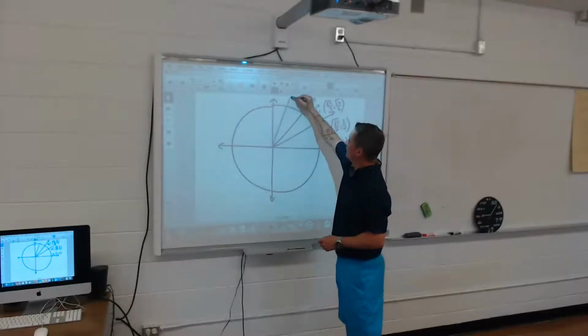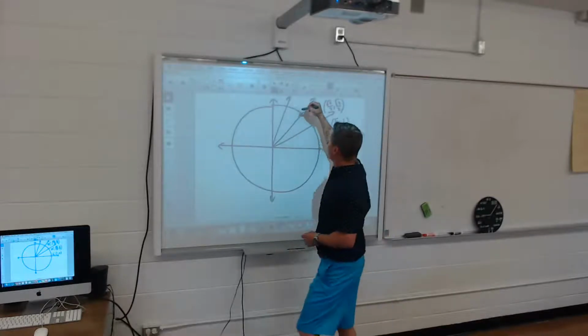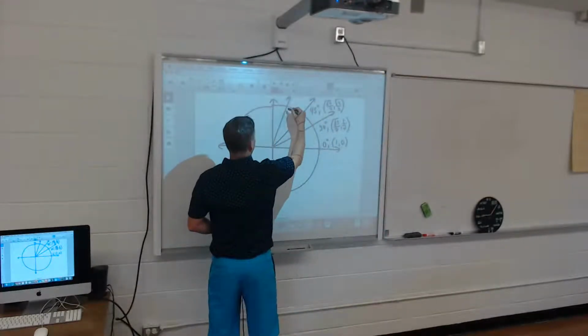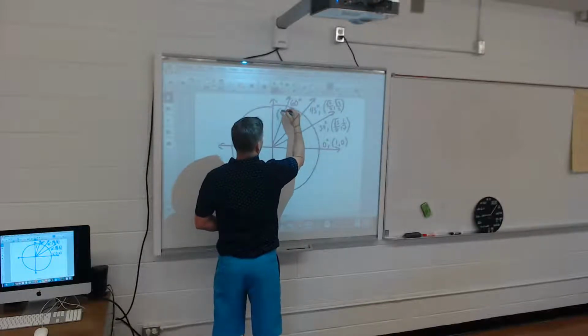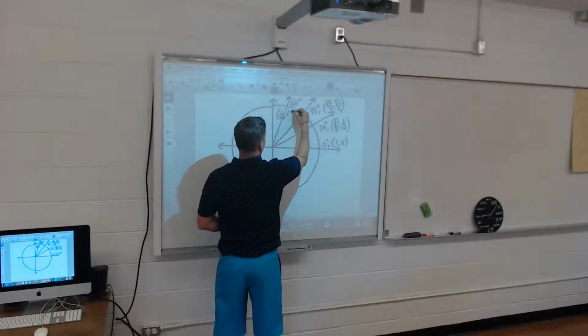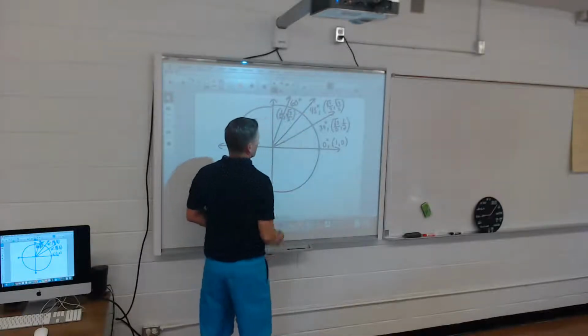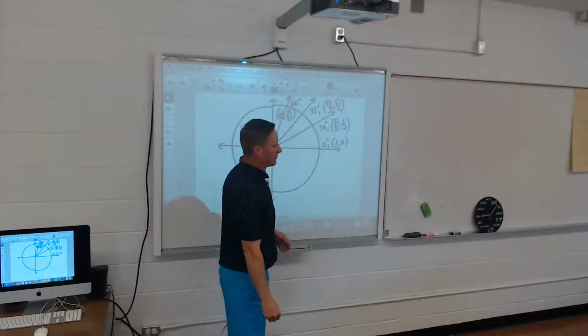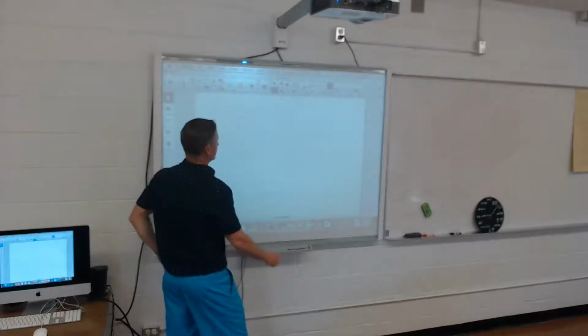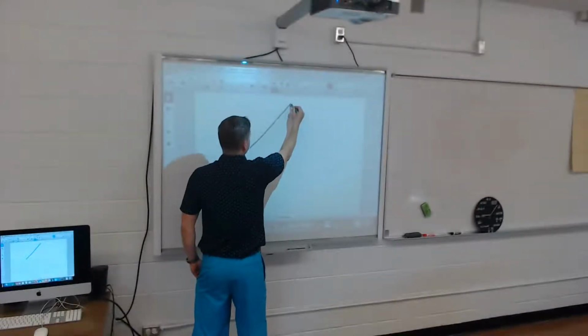The 60-degree ratios, I'm making a mess of this. The 60-degree ratio is 1/2 and √3/2. So it's the same ratios as these guys. 30 and 60 are the same. Why is that?